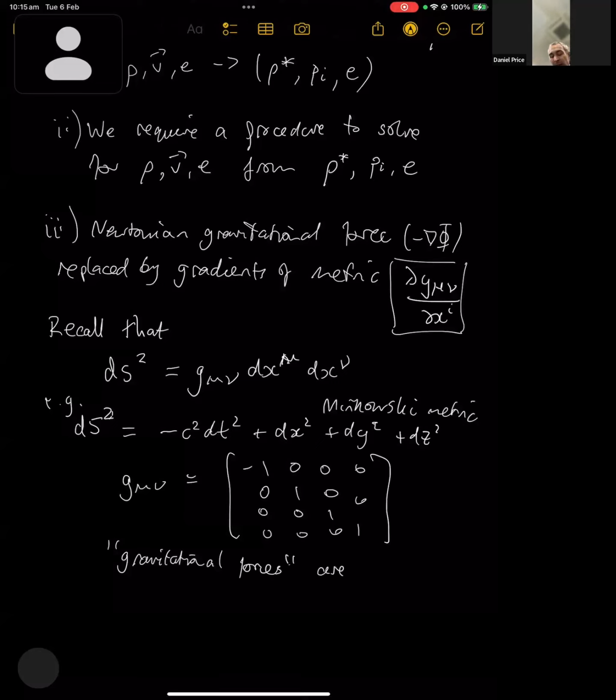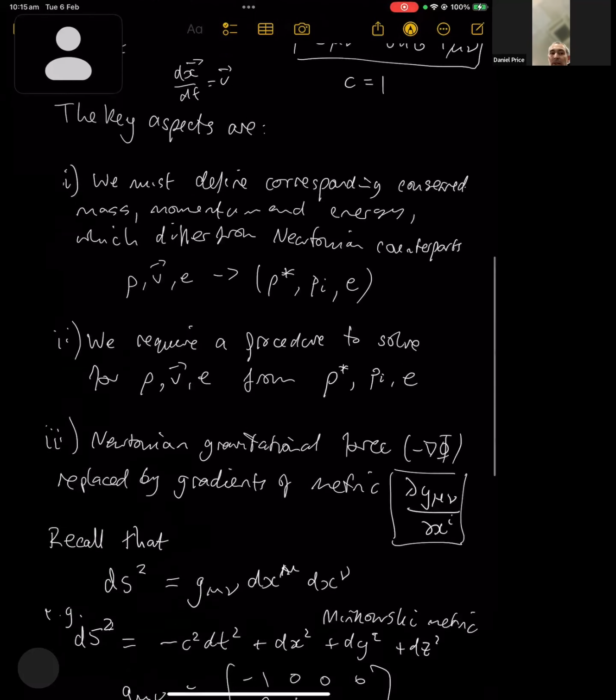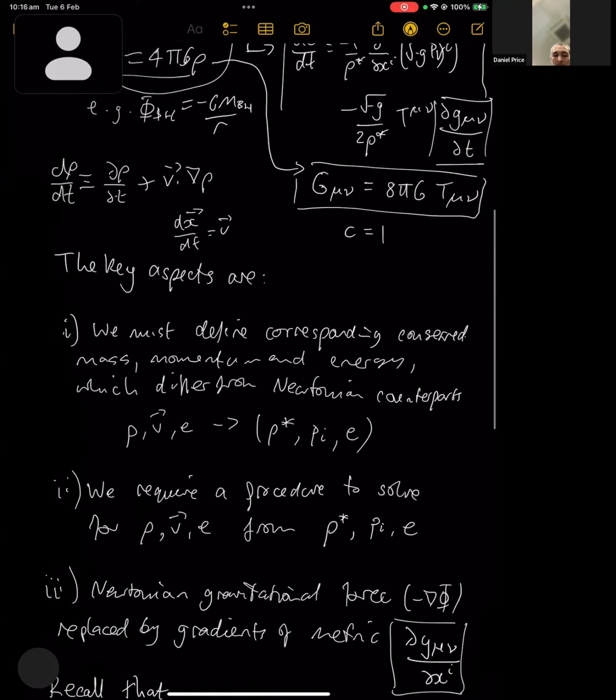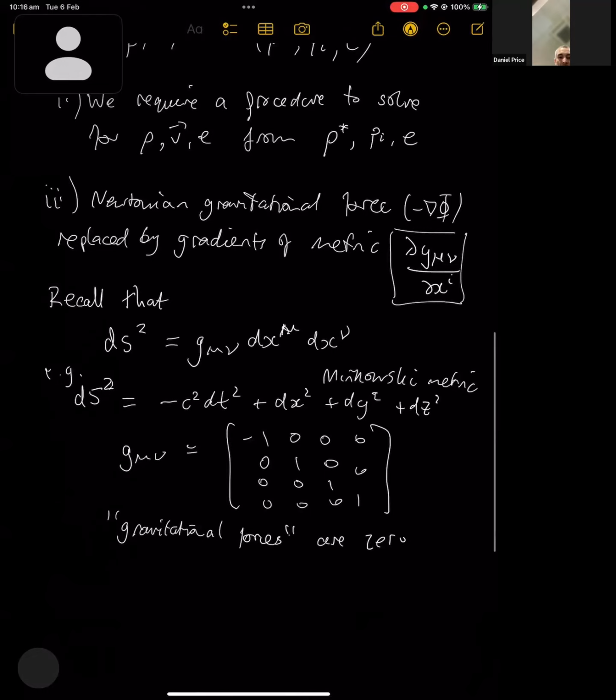So in this case, gravitational forces are 0, and you can see how that arises in our fluid equations because the metric gradients that appear as the gravitational terms, the equivalent of minus grad phi, are therefore 0 in flat space.